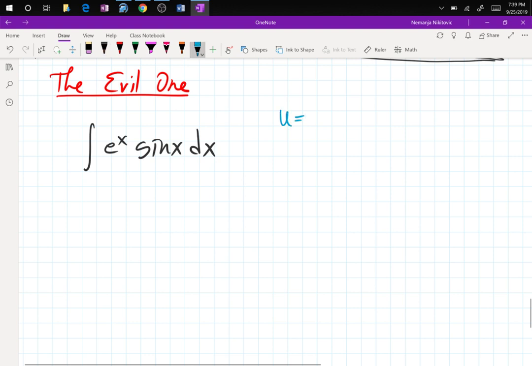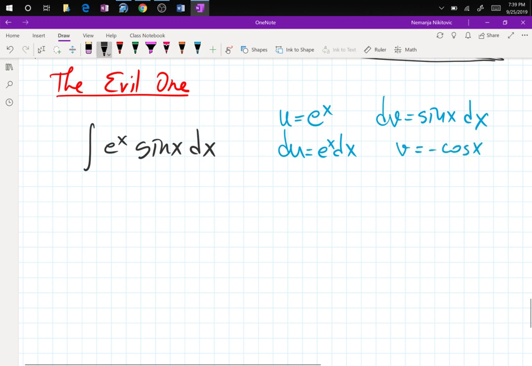So naturally u equals e to the x, dv equals sine x dx, du is e to the x dx, and v is negative cosine x. And then we have our arrow. And I see the evil smile you have, so it matches the title.